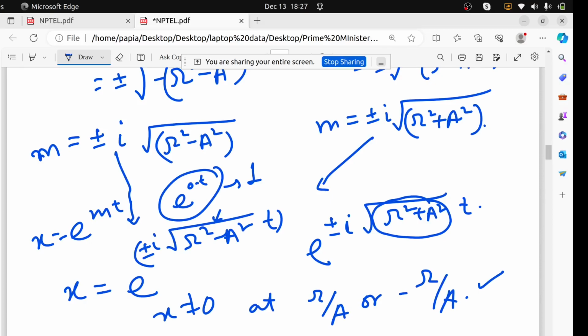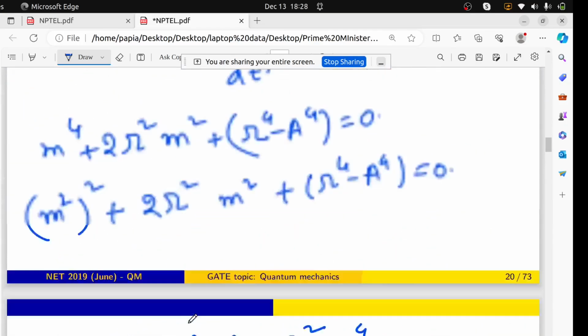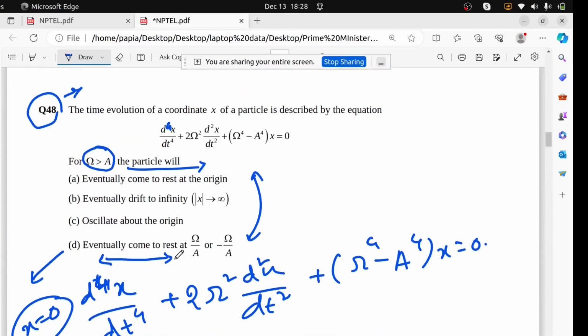So if I put omega by a, the exponent will be 0, but it will come as e to the power 0, which is 1, and that is not equal to 0. Obviously if I put omega by a here, there will be no 0 term. So omega by a or minus omega by a will not give us a 0 value. So the D option will not be the correct one here. Eventually come to rest is not correct.